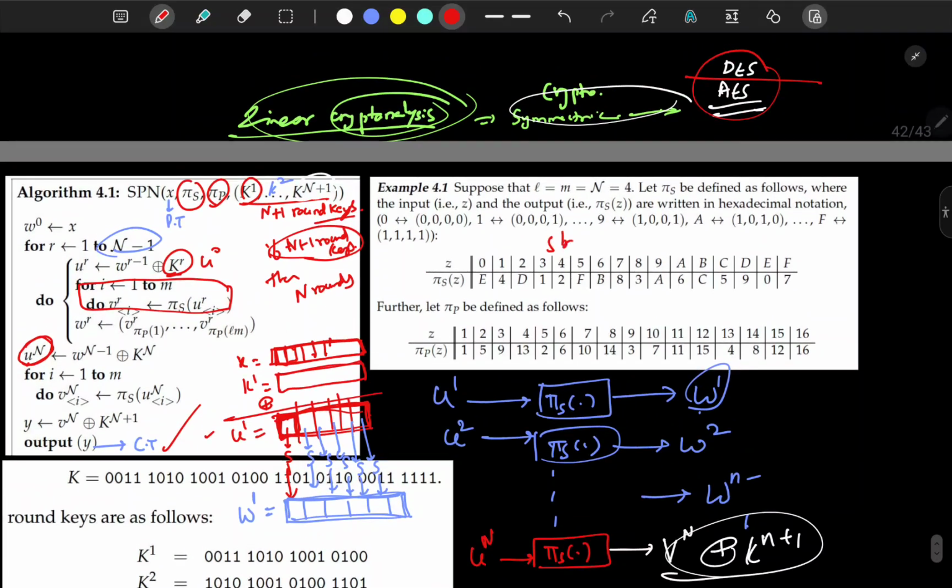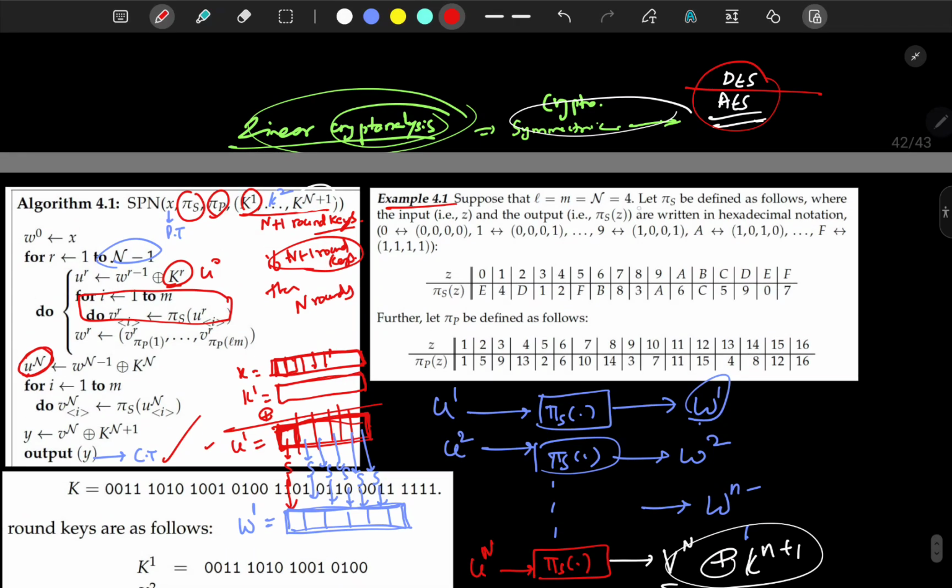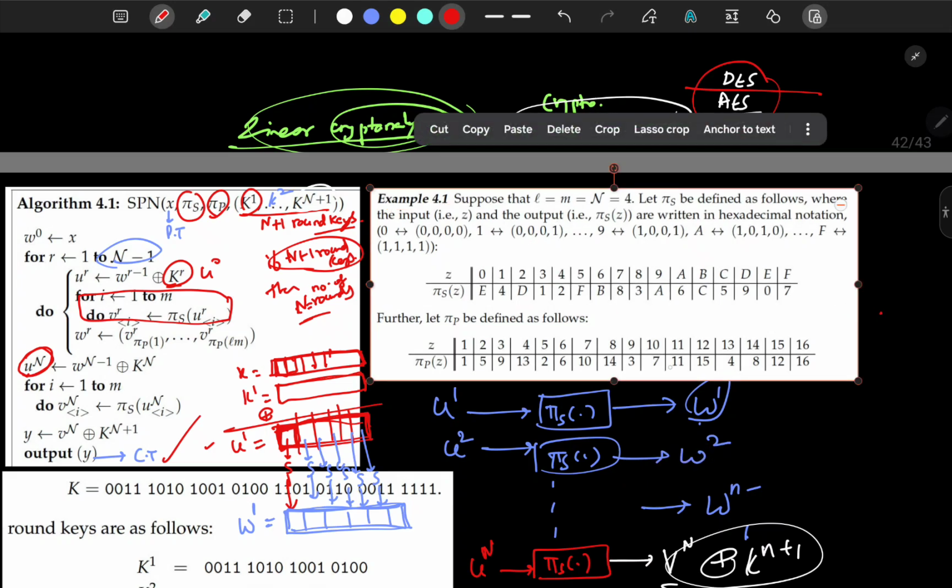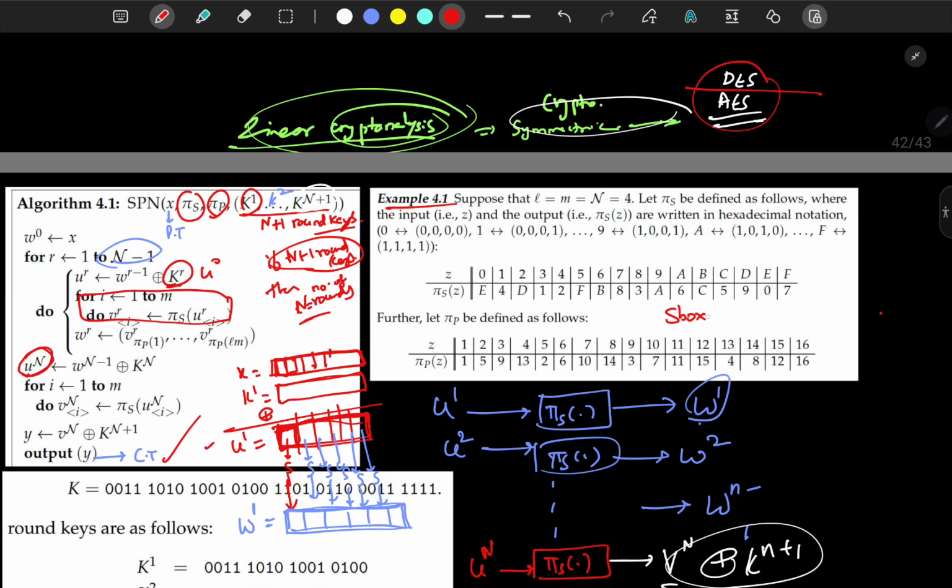Now let's see about the s box. In our example, remember that n is the number of rounds. If the number of rounds is n, then there will be n plus 1 round keys. Here we are taking the s box input, this u dash.